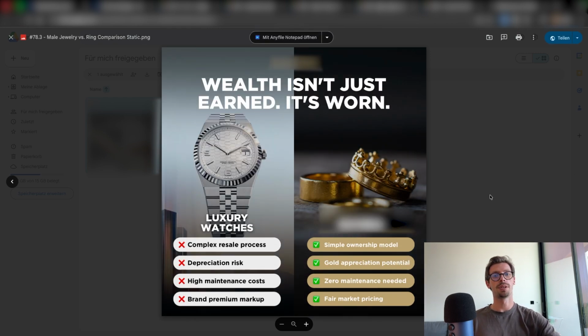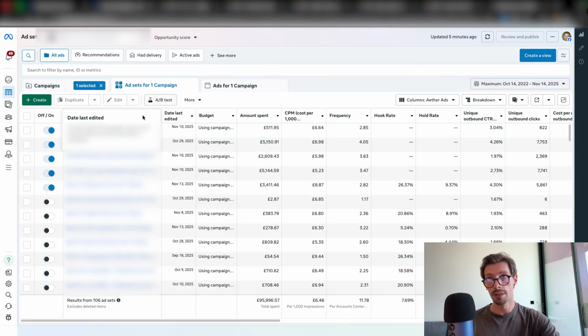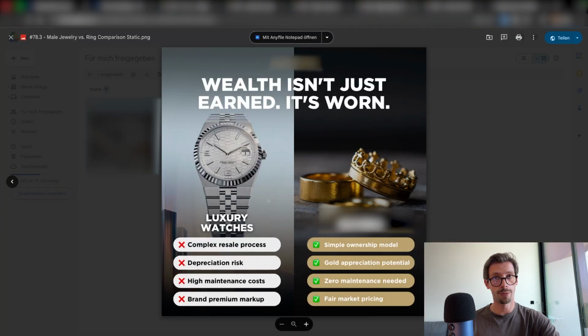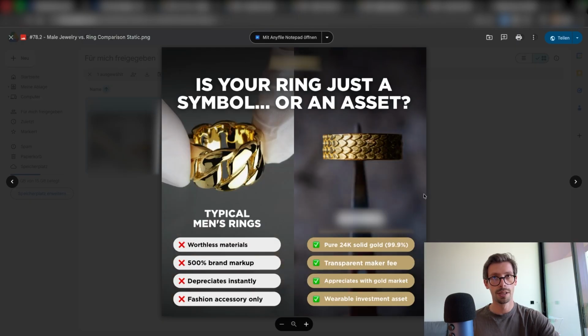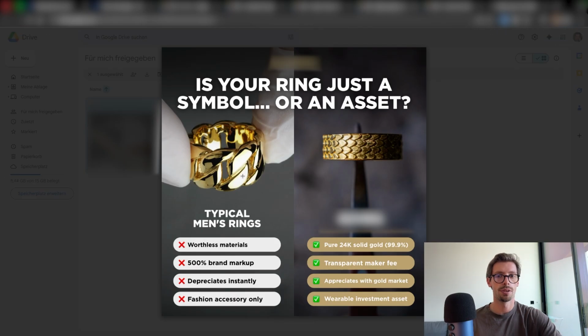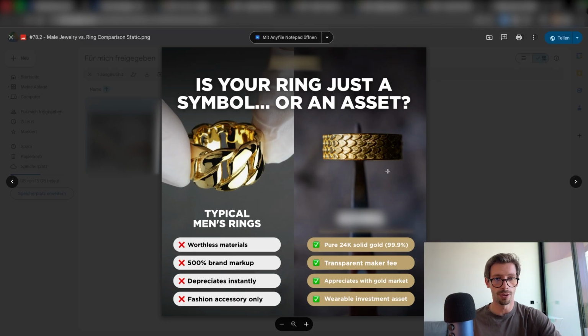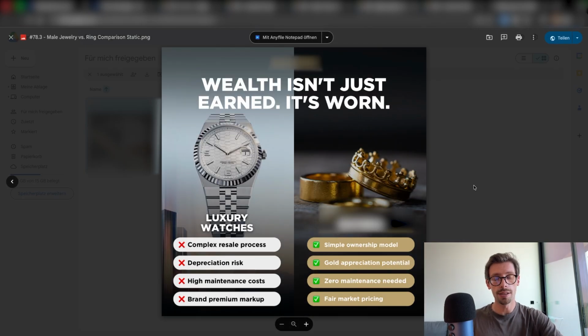Because we only had these variants in the ad set running and Facebook preferred to spend on this one and the audience resonated with this, we know that luxury watch buyers will probably resonate much more with our angles than people buying casual rings, because maybe those don't even have enough money to buy pure solid gold rings. And that is why you want to keep one variable constant and do clear split testing on a higher level, not just a headline or an image.